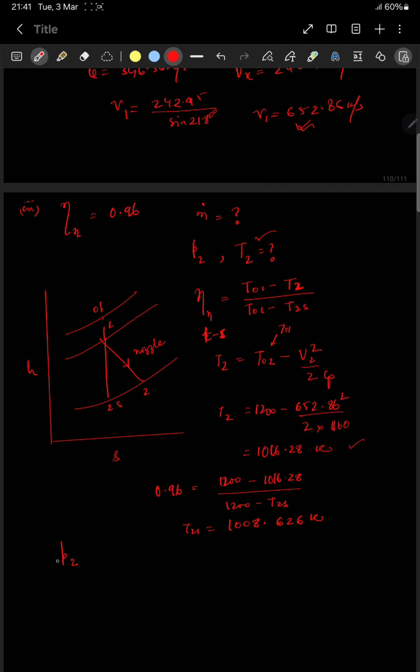P2 by P01 equals to T2s by T01 to the power of gamma by gamma minus 1. We can take gamma as 1.33.